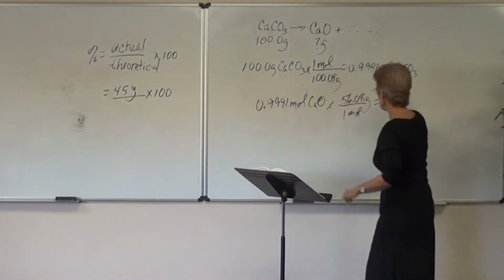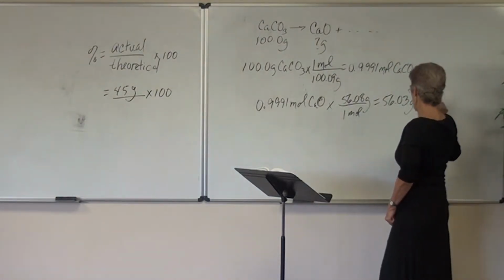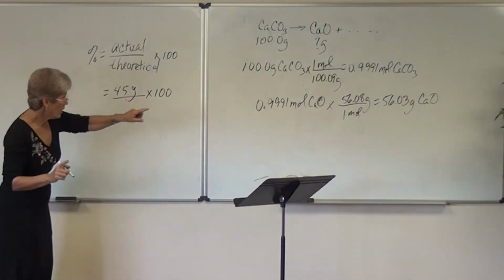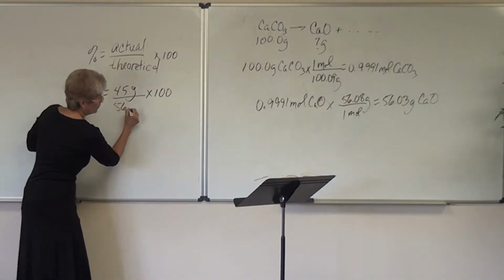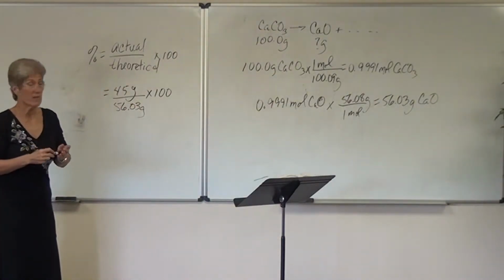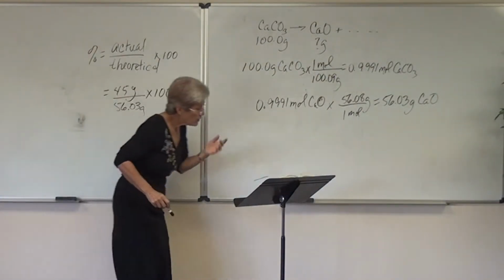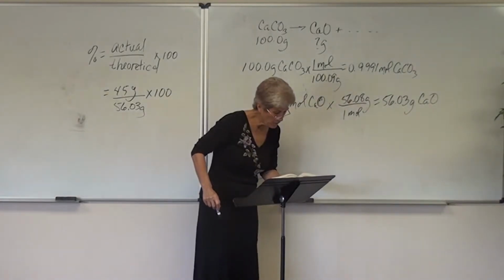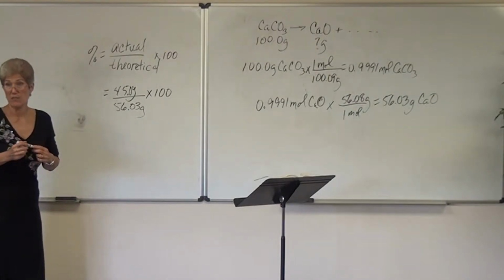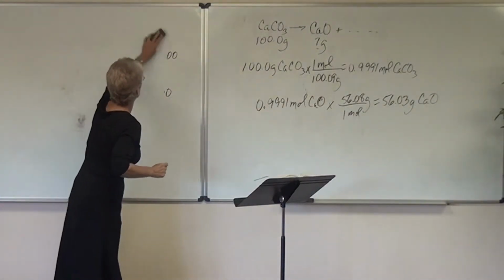And so that's going to give us 56.03 grams of CaO. So this was the actual yield, but now we have the theoretical yield. And so that's going to give us, and this is 2 significant figures, whereas, did they give it in 45? 45.0, shame on me. So your answer should be in 3 significant figures. Okay? Okay. Alrighty.